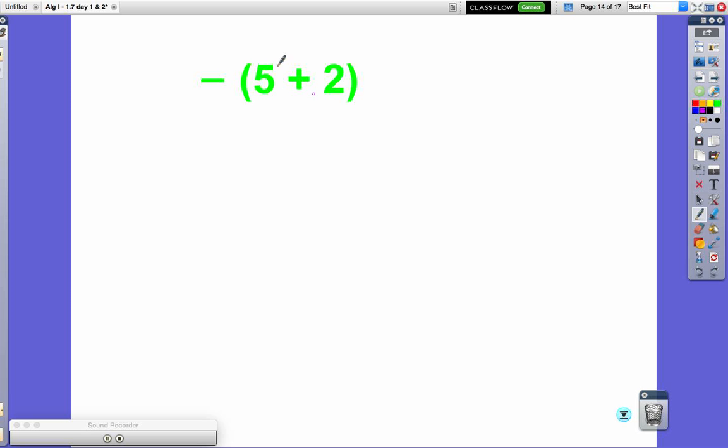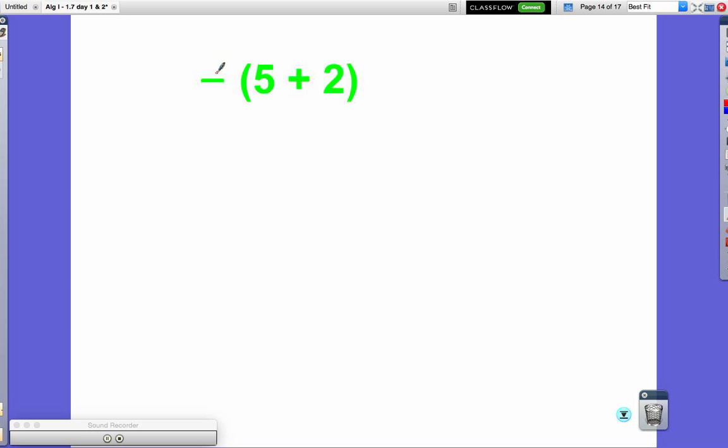All right, last type of problems you'll see today. All right, this says negative times the quantity of 5 plus 2. Well, we know that 5 plus 2 is 7. All right, this is a negative, so our answer would be negative 7. Okay, now we're not always going to be able to simplify here, so we have to see this as a negative 1.